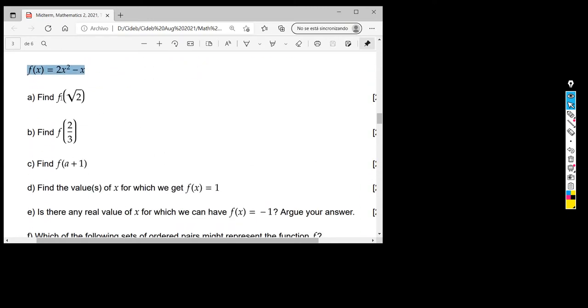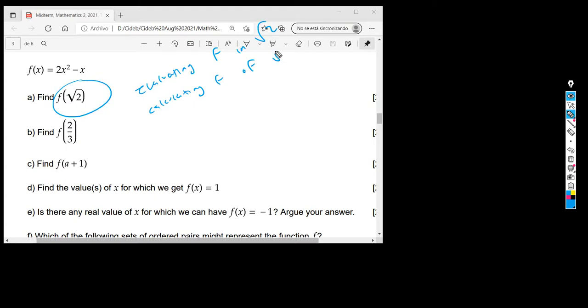So first, I want you to find some evaluations. Remember, these are called evaluations. In this case, when you see the symbol, this is referred to as evaluating f in this value, the square root of 2. There are several ways you can read this. You can read this as evaluating f in the square root of 2, or calculating f of the square root of 2.